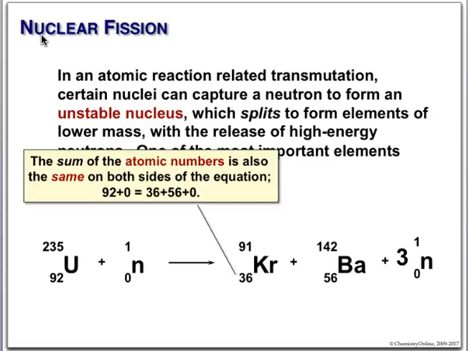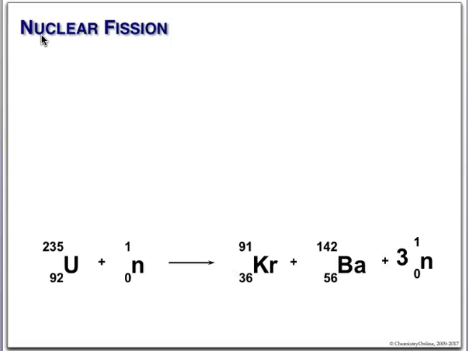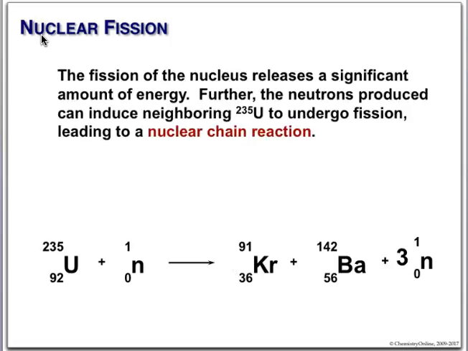Now this is important because this process can lead to what's called a nuclear chain reaction. We start off with 1 neutron, 1 uranium, and we make 3 neutrons.